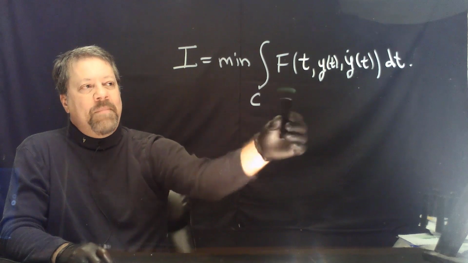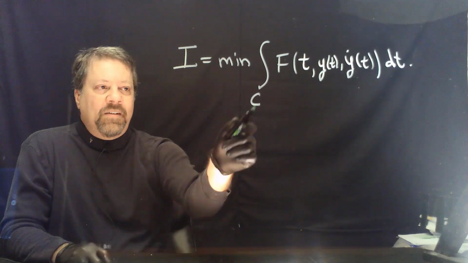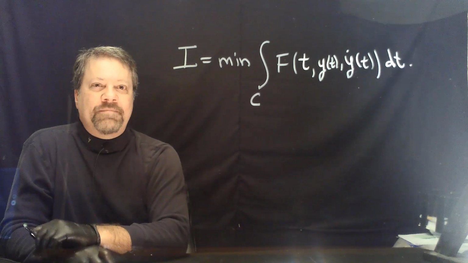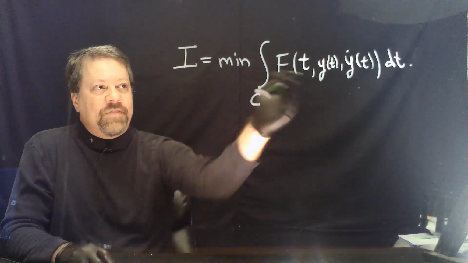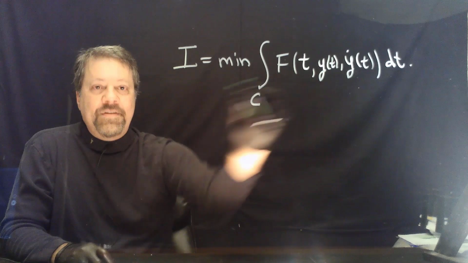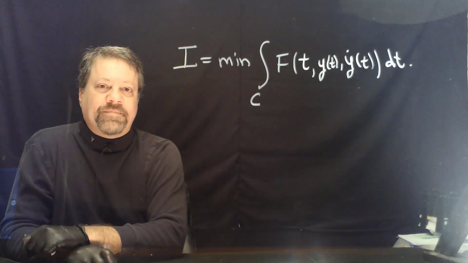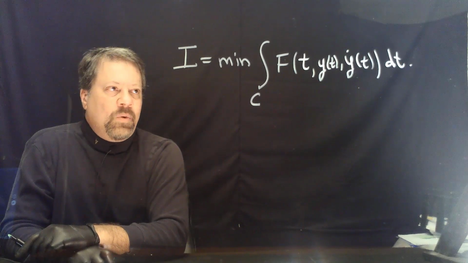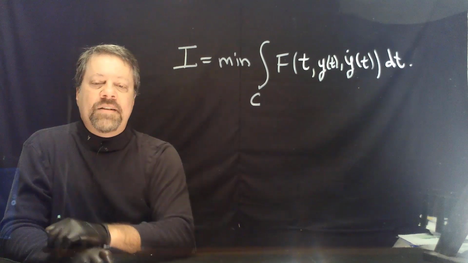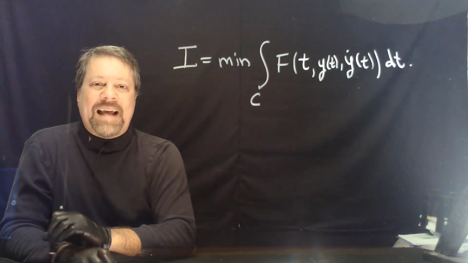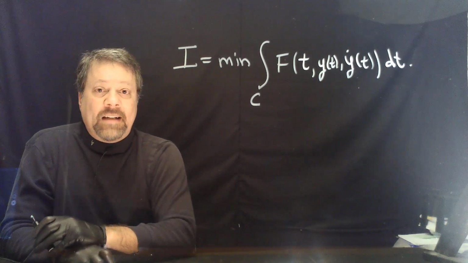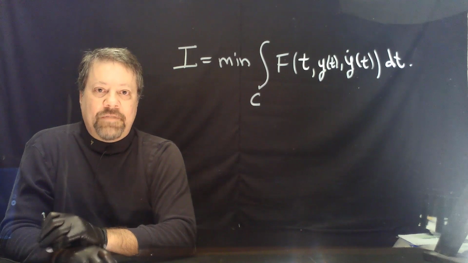We want to minimize this to find the path that gives you the minimum value of this expression. This expression takes this function and gives you a scalar number. Such expressions are called functionals. We're not assuming this function here is linear, and so this will not be what is called a linear functional. In all likelihood, it'll be nonlinear as a functional.